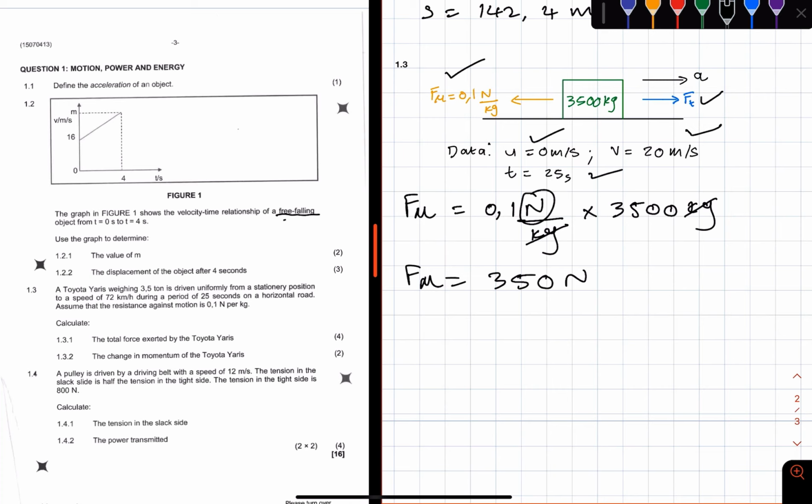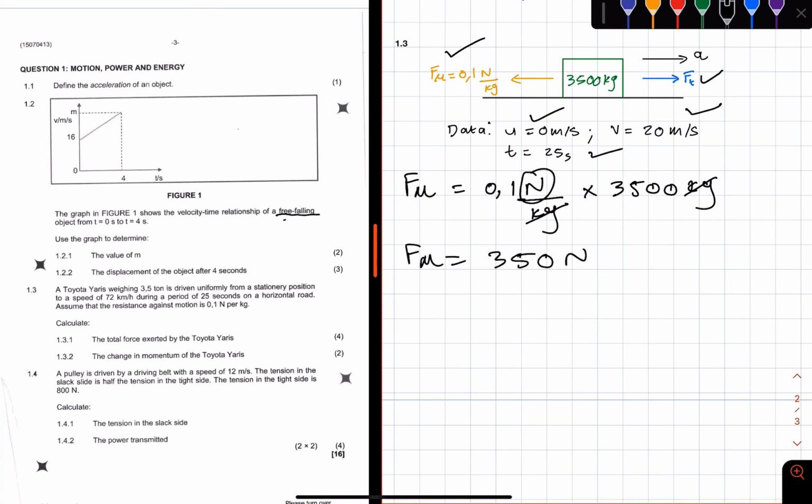Because this is moving in the direction of the force applied, we know that acceleration is in the same direction as the force being applied. This means that F sub t is greater than F mu. Therefore, the vector sum of forces, F net, is equal to F sub t minus F mu.